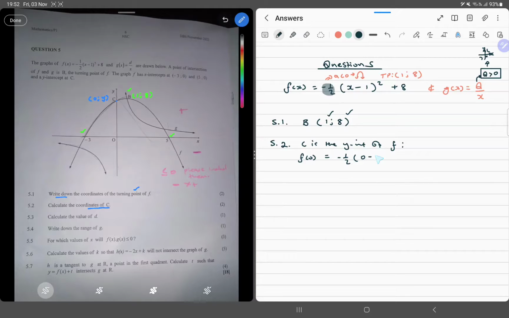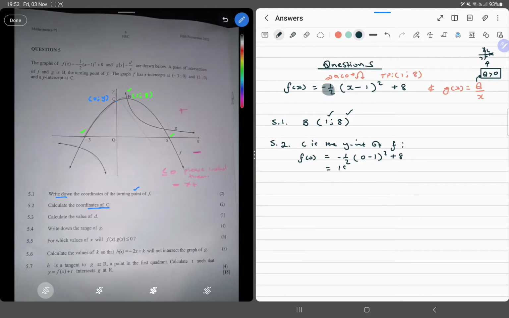Where you see x, you put a 0, minus 1 squared plus 8. You just plug that into your calculator. Makes life easy here. So minus 0,5 into (0 minus 1) squared plus 8.